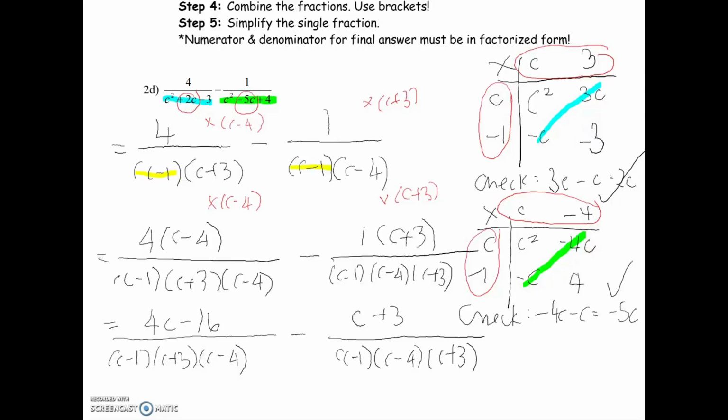Next, step 4, since the denominator is the same, we can combine the fractions as a single fraction.